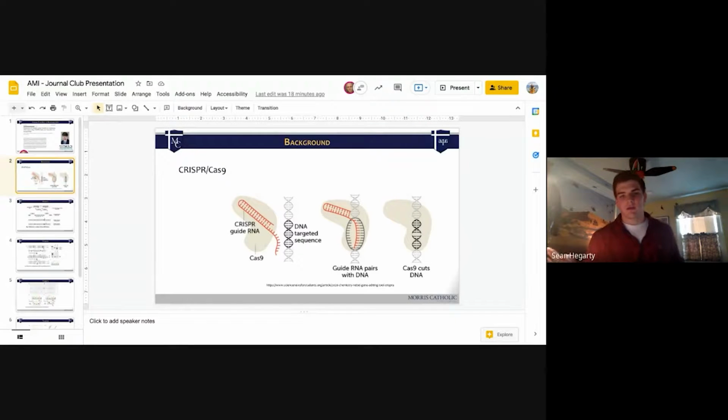And after it does that, its job is basically done. And when the cell goes to fix that break in the DNA, oftentimes it results in mutations, and it can't fix that segment back to how it was. And so it oftentimes knocks out that specific gene, and it can't be used for anything again.